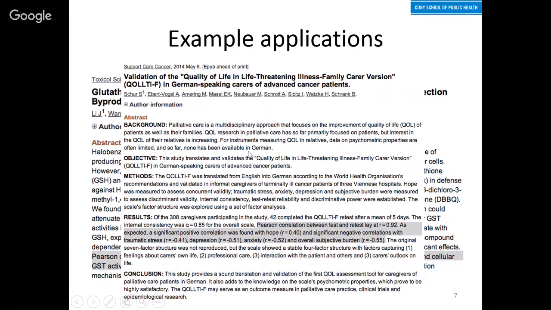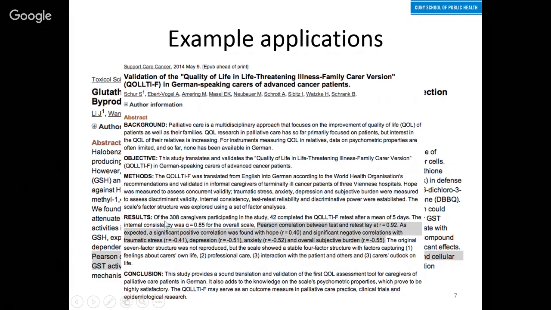Looking past everything, I see it is about palliative care, and the objective is to translate and validate this index in a certain cohort. They are validating it by looking at Pearson correlation between test and retest. So just subsequent tests to determine this score, and they have a correlation of R equals 0.92. We'll find out later what that means, but that's pretty good because the best that you could get here is 1.